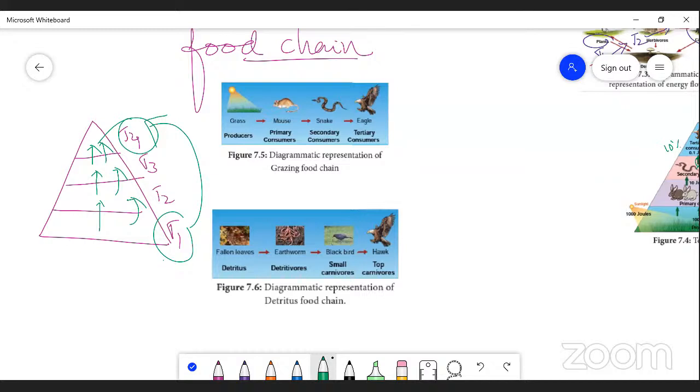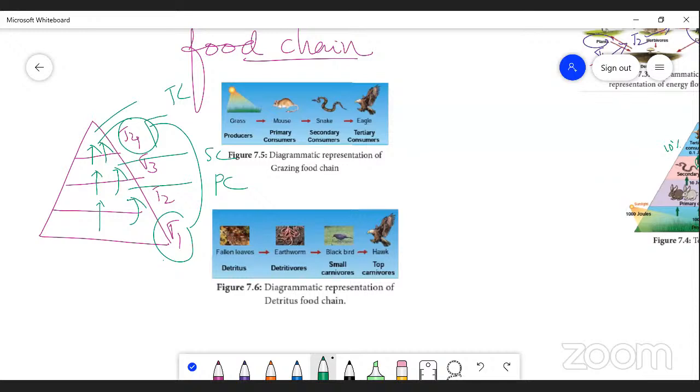Trophic level 1 indicates the producer, trophic level 2 indicates the primary consumer, trophic level 3 the secondary consumer, and trophic level 4 the tertiary consumer, right?